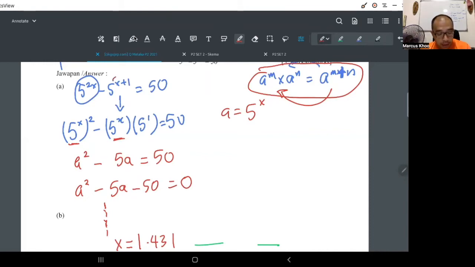Kalau kamu nampak macam ini, you should be able to split it up. Why? Because you see that 5 to the power x and 5 to the power x are things that you can factorize out, sama ada dalam quadratic equation atau dalam equation yang biasa-biasa lah. Okay, so make it a habit to see the index law the other way around, in order to get x equals to 1.431.